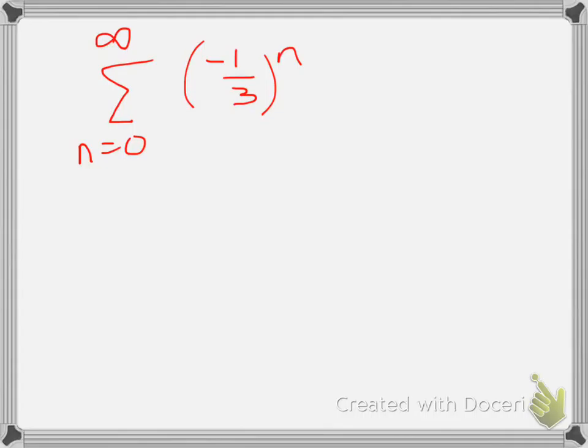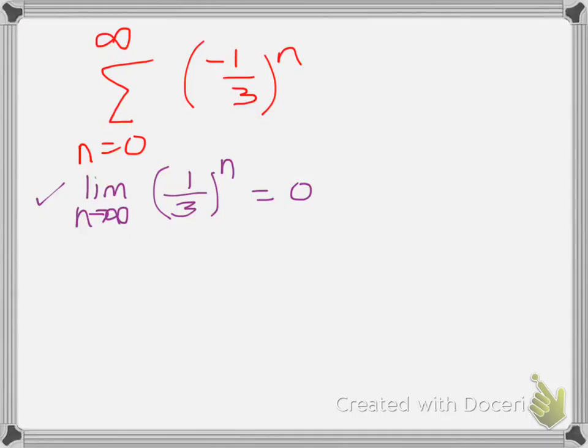But if you wanted to use alternating series, does the limit of 1/3 to the n, what does the limit equal? 0. Right, because it's a geometric series and because |r| is less than 1, that limit has to be 0. So that condition is met.